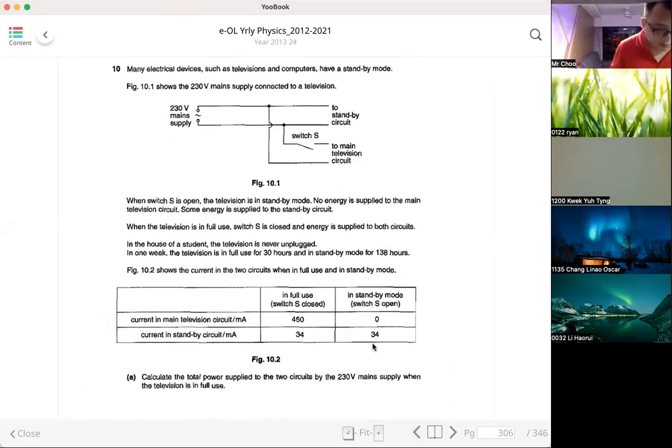Do question A. It is a 3-mark question. All of you do that now.